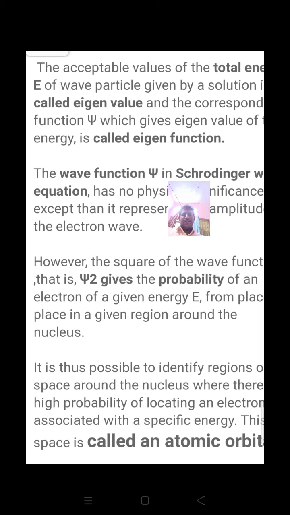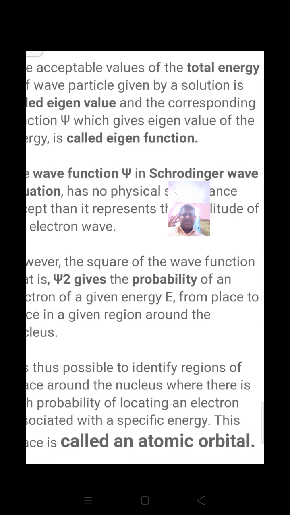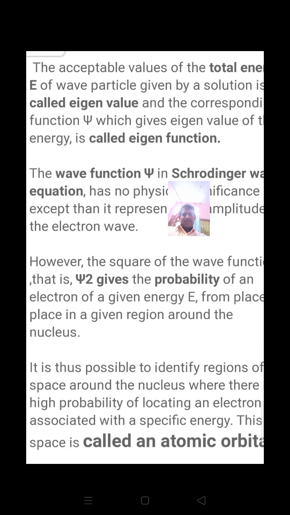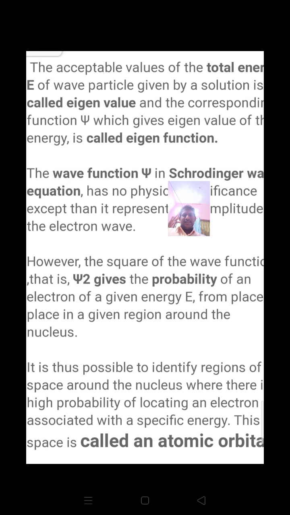That means psi is also called the eigenfunction. The wave function psi represents the amplitude of the electron wave.